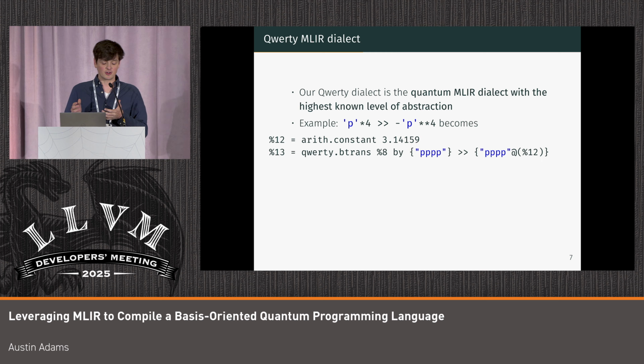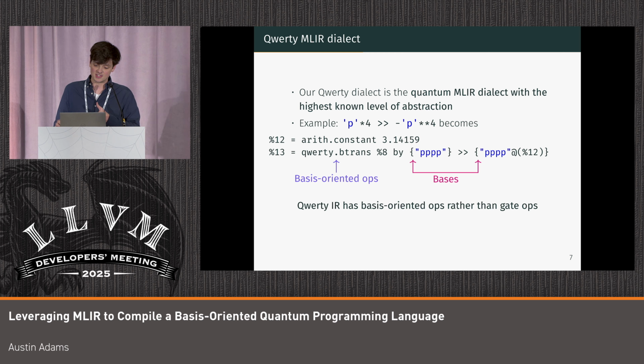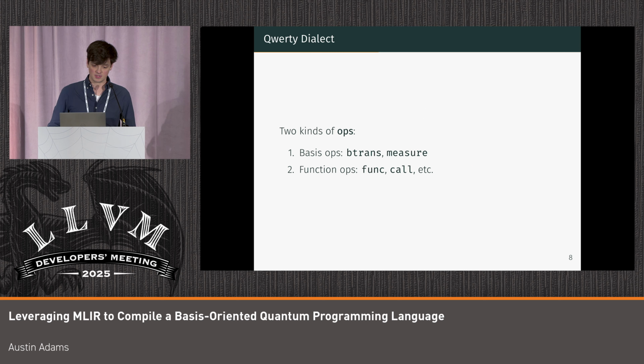And I think it's pretty fair to argue this is the quantum MLIR dialect with the highest level of abstraction. And I say that because our operations here in the dialect are defined in terms of bases, instead of you writing a low-level operation like a not, or a CNOT or a Hadamard or something like that. So in general, this Qwerty dialect has two kinds of ops in it.